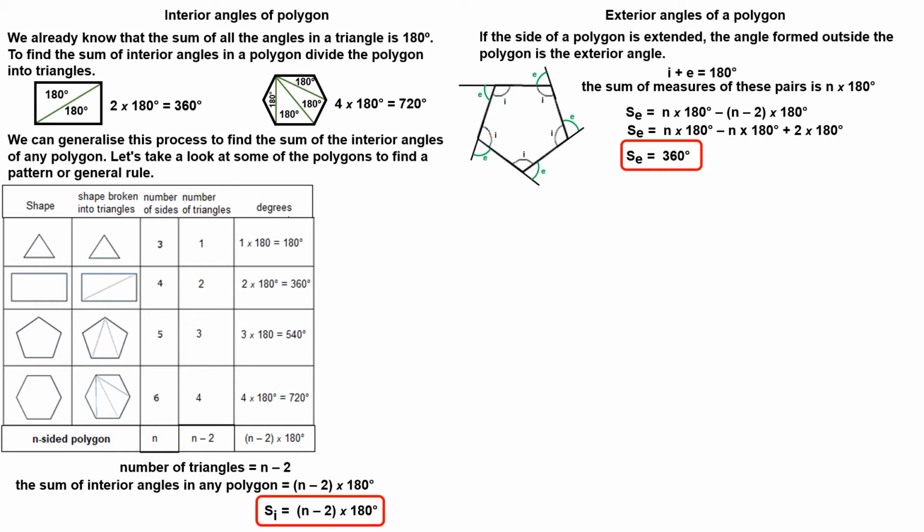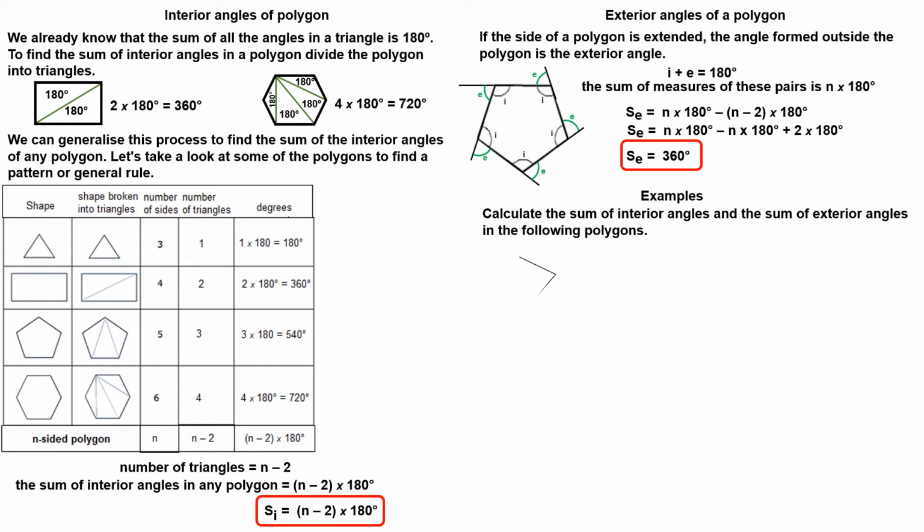Let's see how it works. Examples. Calculate the sum of interior angles and the sum of exterior angles in the following polygons. The first polygon is a pentagon. The number of sides is 5.